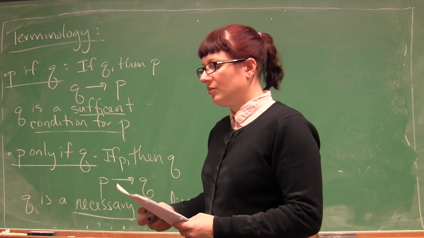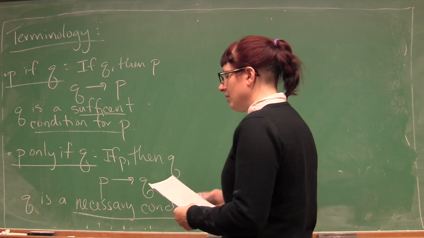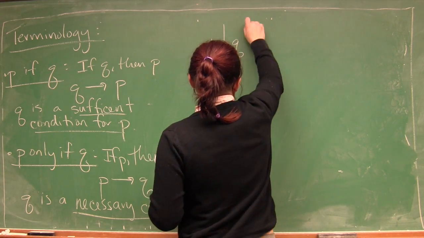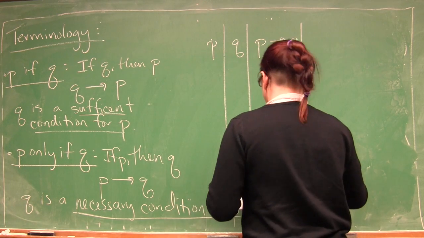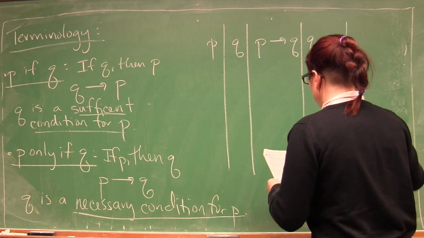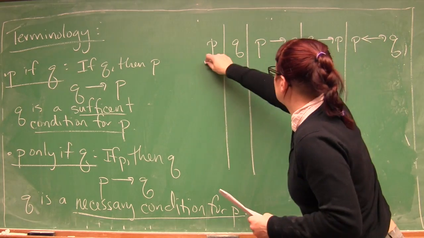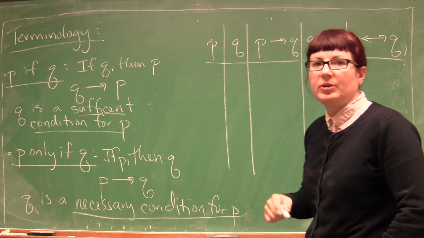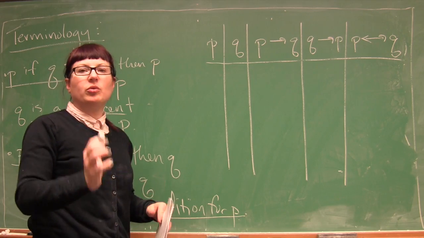So the truth value of the biconditional P if and only if Q can be described by the following table. I want to show you it in comparison with the implications P implies Q and Q implies P, so you can see that it is in fact only true when both are true.